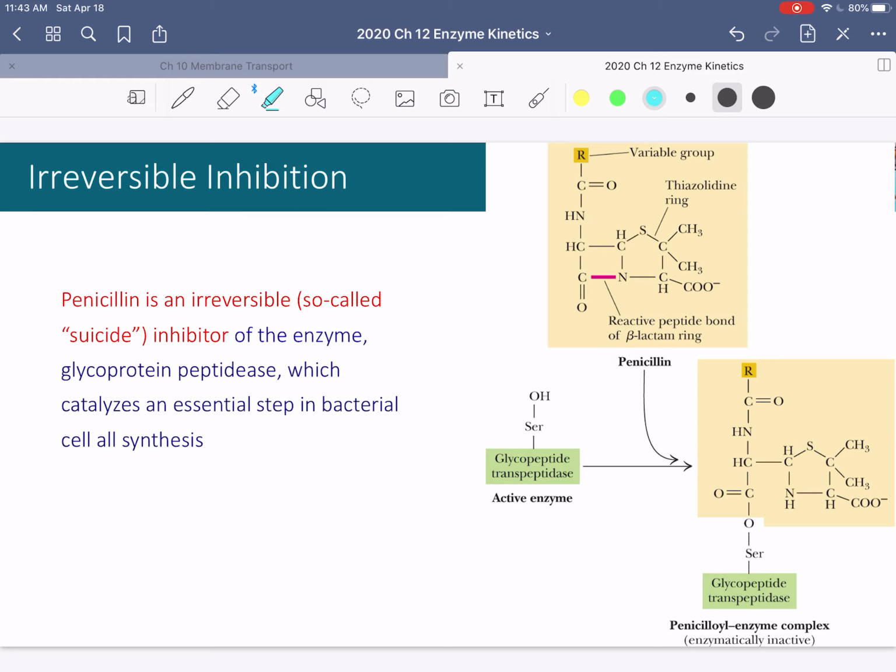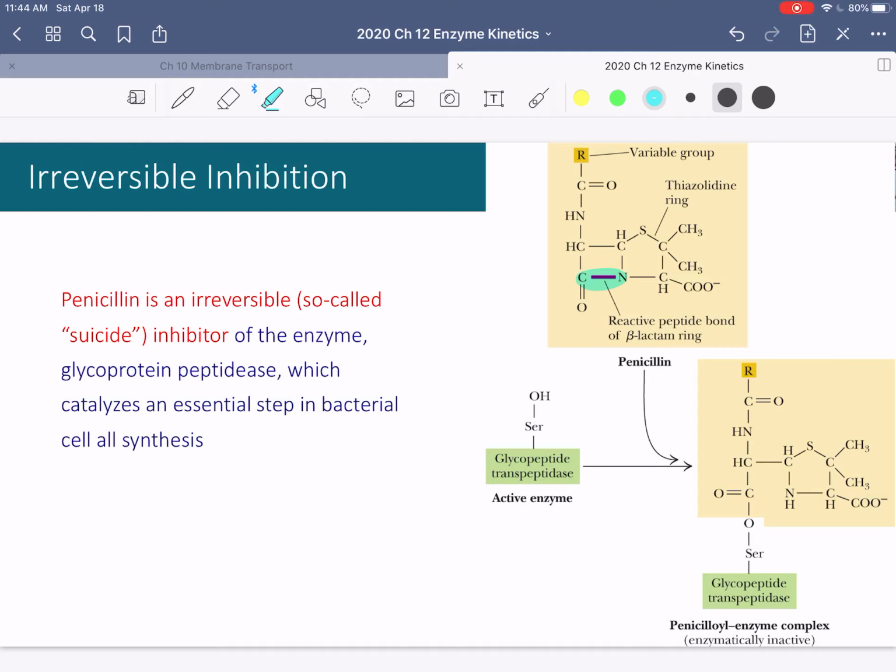So penicillin's substrate is this bond right here, a peptide bond of a lactam ring in the peptidoglycan layer, the cell wall of a bacteria. And so the bacteria needs to be able to build its cell wall, including this magenta peptide bond, okay? So penicillin actually binds to the active enzyme.